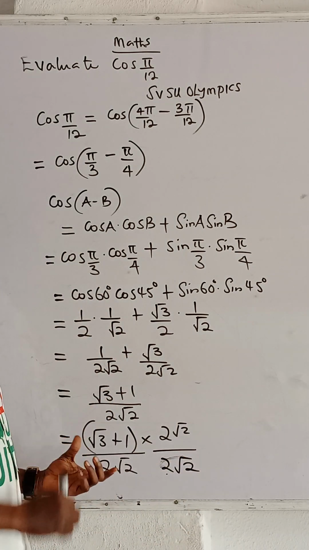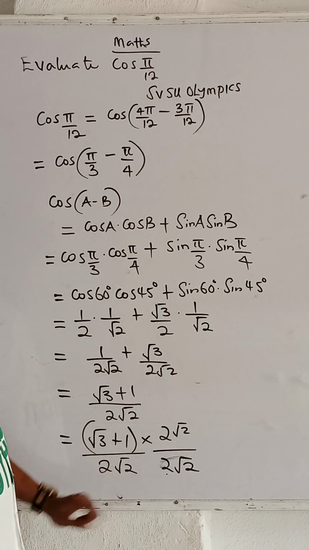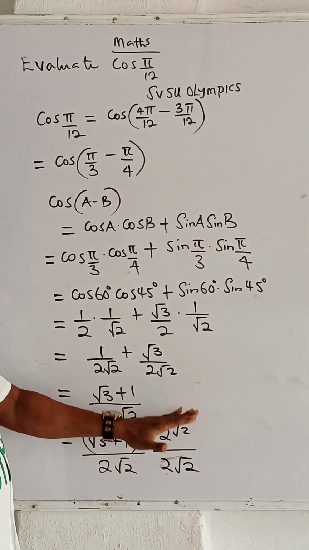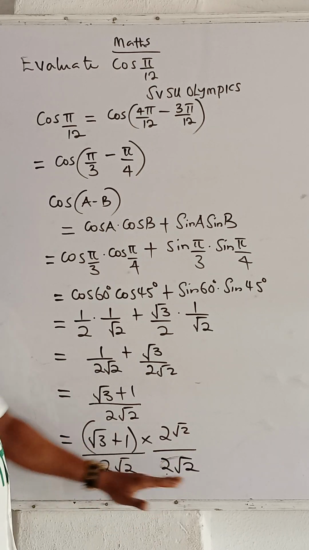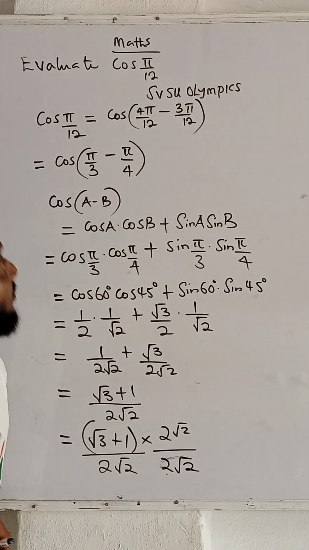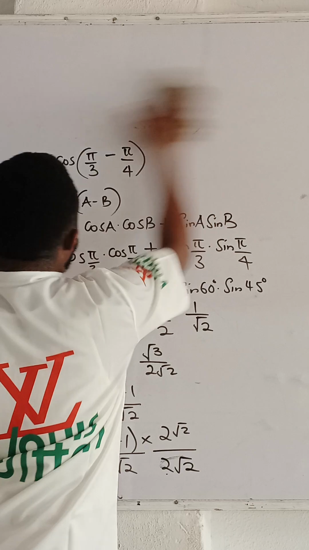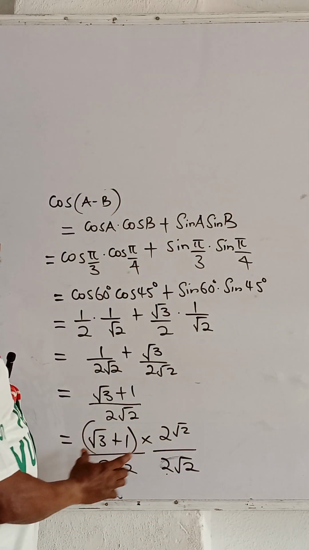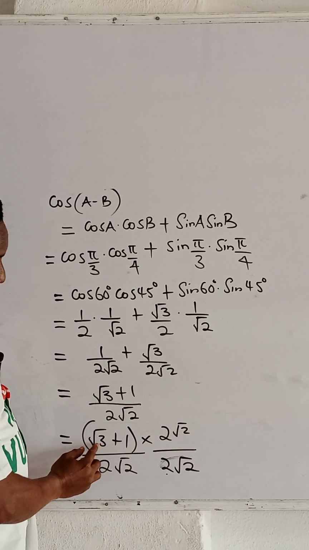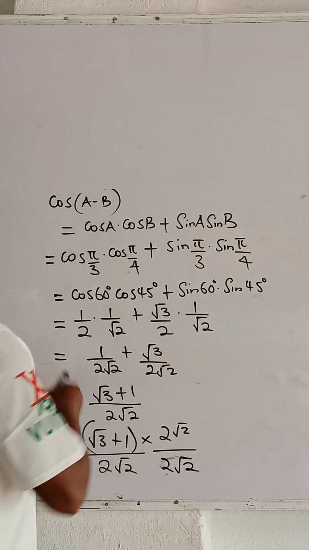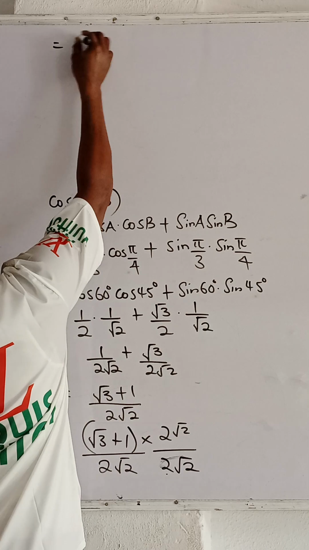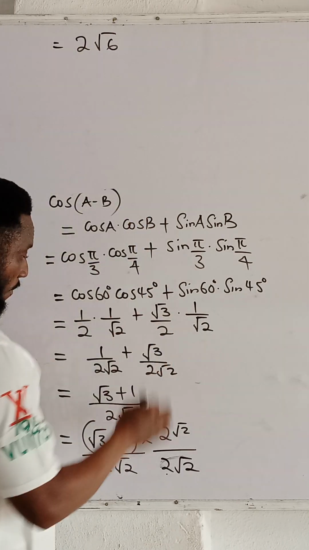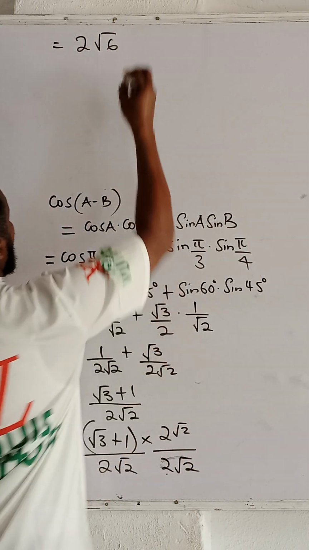So at this level, we are gliding towards the solution. So we are going to multiply this surd out and multiply the one at the denominator. So that's going to give us 2 root 2 multiplied by root 3. Root 3 multiplied by root 2 is root 6. This will give me 2 root 6. 2 root 2 multiplied by 1, that's 2 root 2.